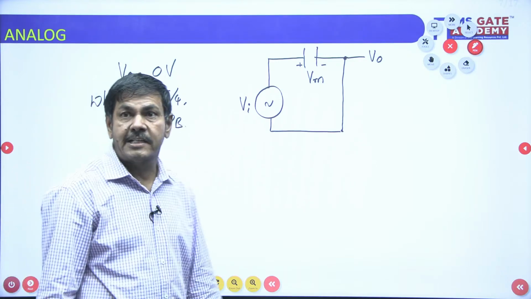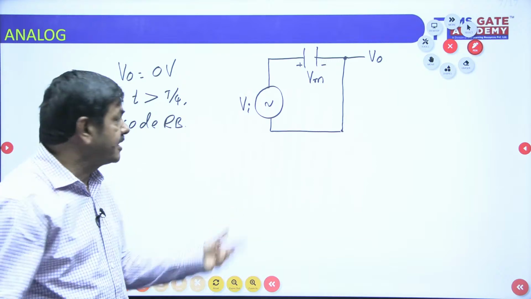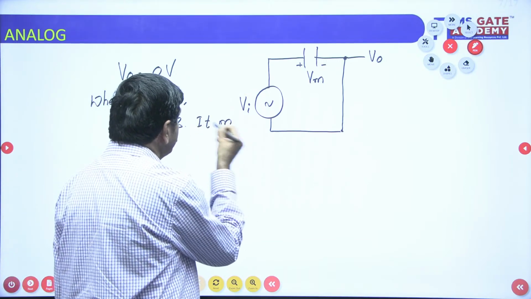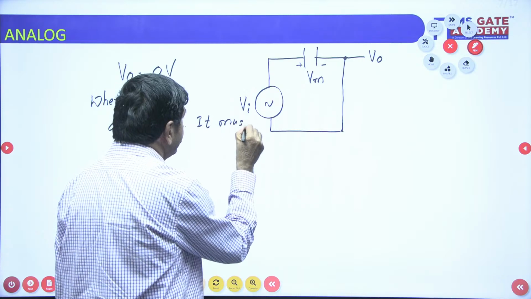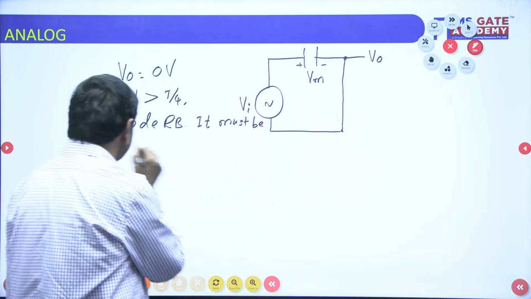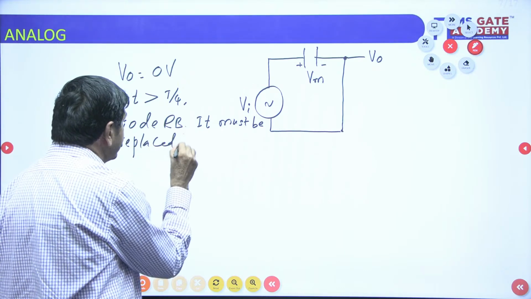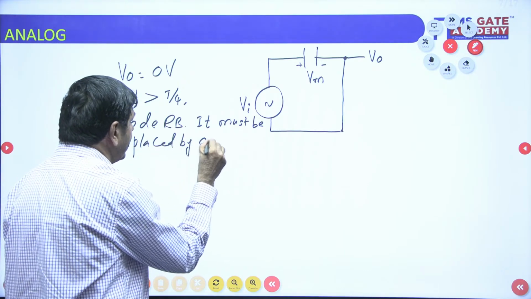If the diode is reverse biased, it must be replaced by an open circuit.